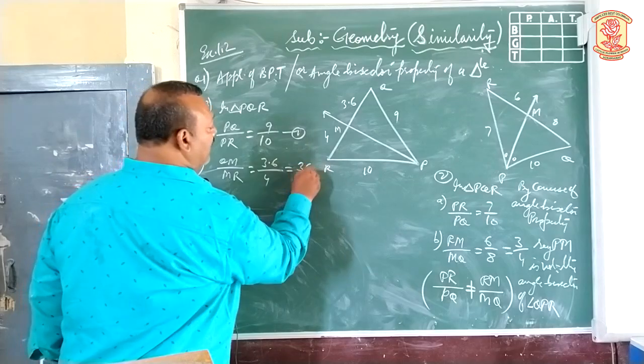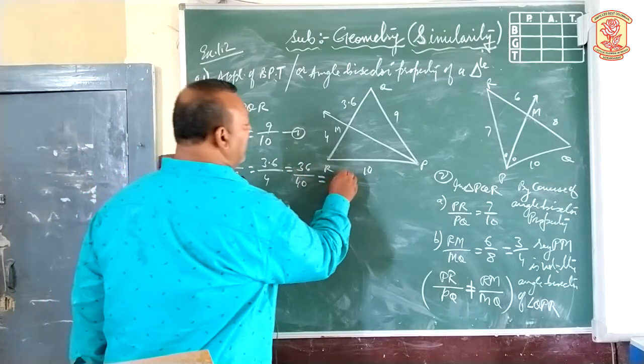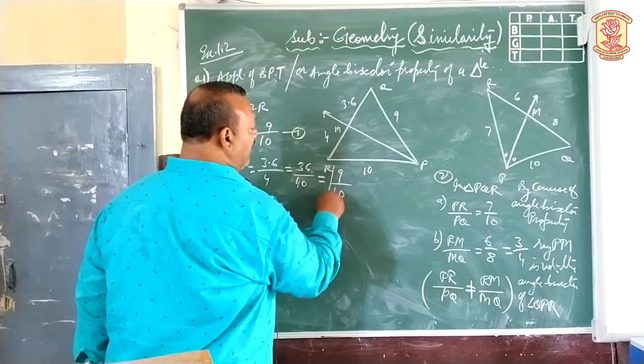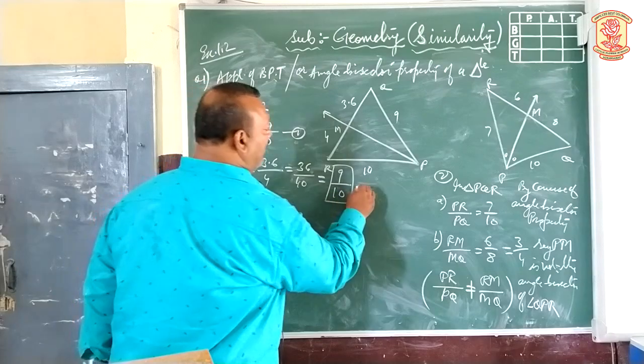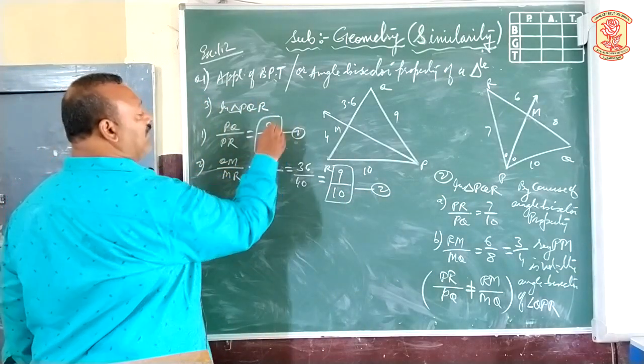Remove the decimal. 36 upon 40. 36 by 40. 4 nines are 36, 4 tens are 40. What is the ratio? 9 upon 10. This is equation second. First ratio, that is also 9 by 10.